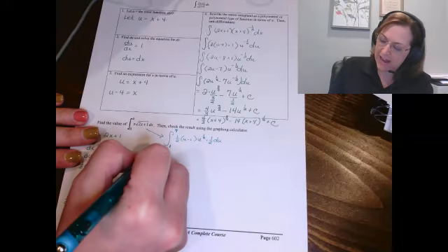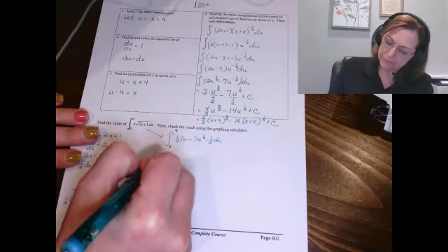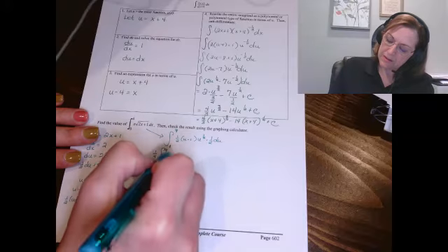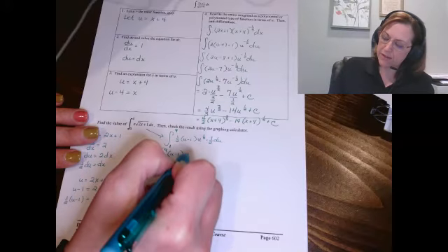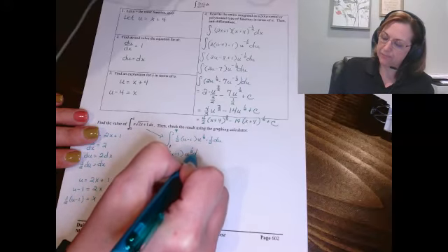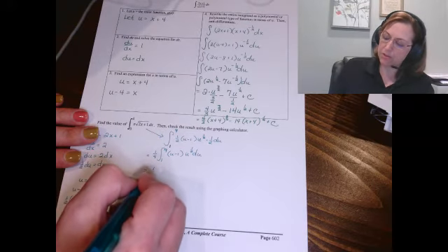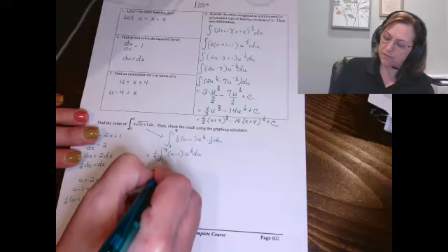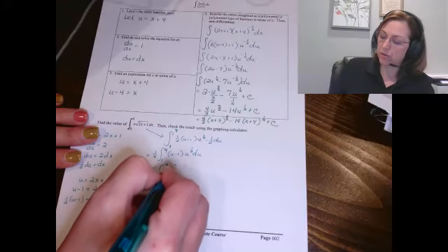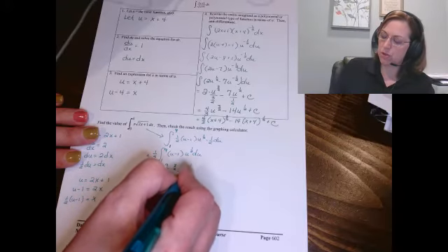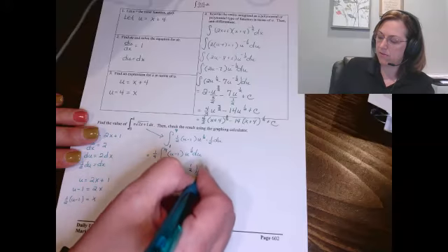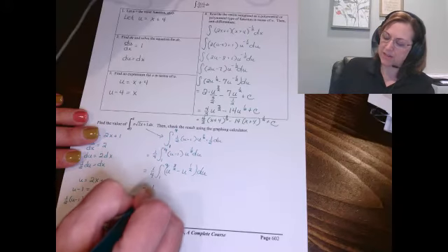1/2 times 1/2 is 1/4. (u minus 1) times u to the 1/2. So we're going to distribute the u to the 1/2. Becomes u to the 3/2 minus u to the 1/2. And now take the antiderivative.